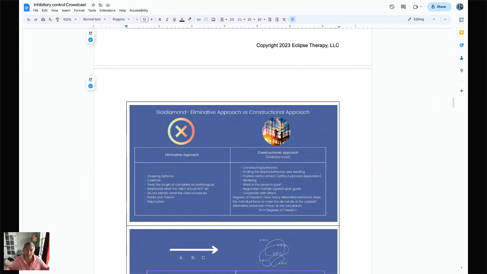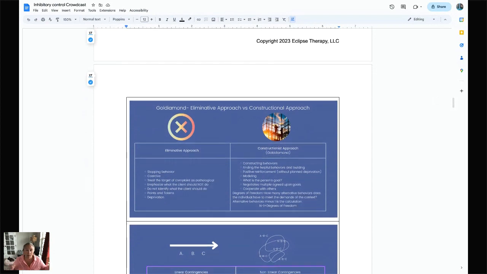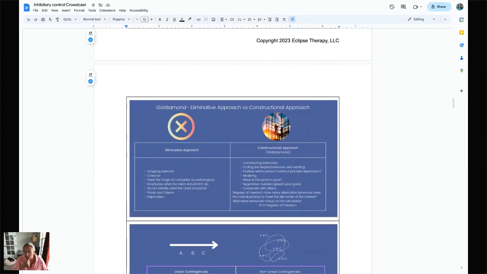So a lot of times we want to take that eliminative approach, where it's saying, let's stop this behavior. What carrot can I put out there, or what punishment, what stick can I carry to say, we are going to get rid of this? What kind of coercive tactics, those carrots, those point systems, those token systems, are kind of our go-to right now.